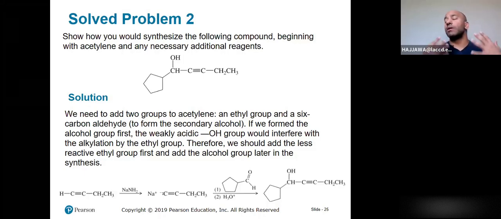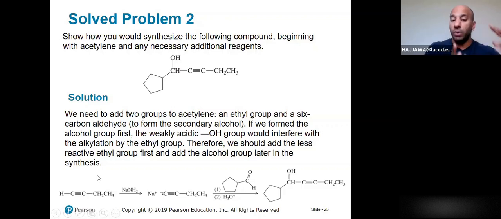Here's an example. It's a synthesis example. It's asking us basically to start with acetylene and show how we can make this acetylenic alcohol. So we know that the acetylene basically has to be deprotonated to generate the acetylide and then react with ethyl bromide or ethyl iodide, and that will end up making this 1, 2, 3, 4, so that's but-1-yne.